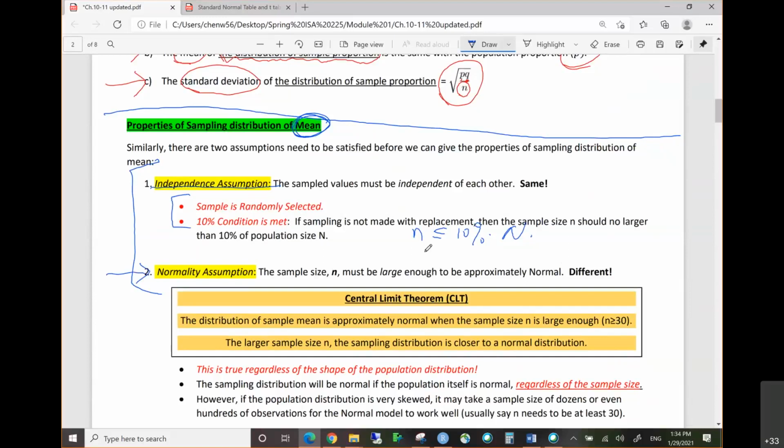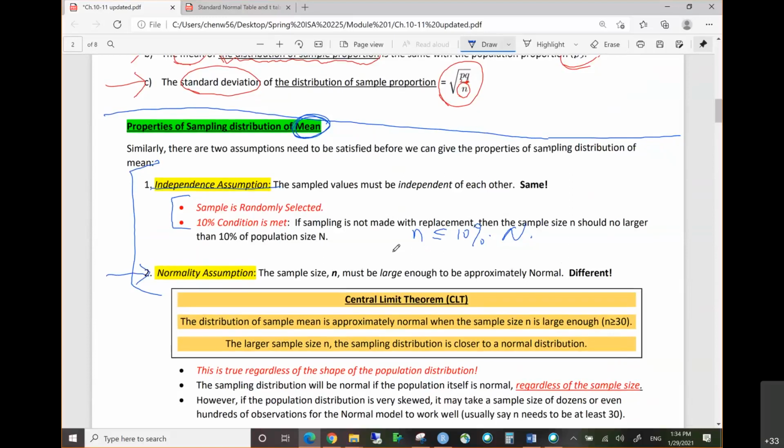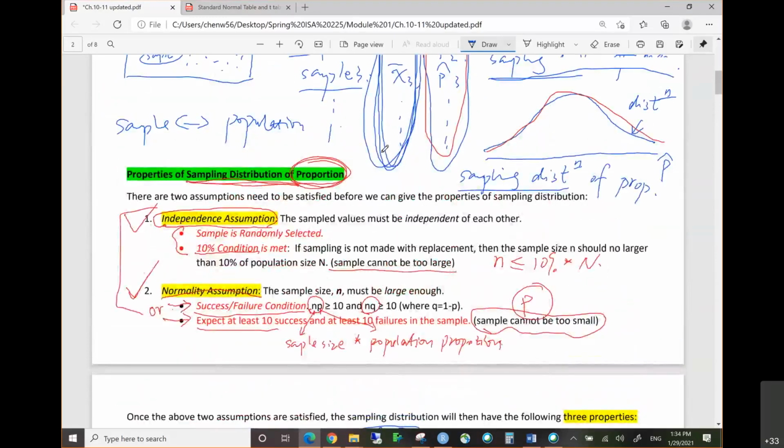Remember, when we talked about the sampling distribution of proportion, we checked the number of successes and the number of failures in the sample, because with those counts we can calculate the proportion of successes or failures.